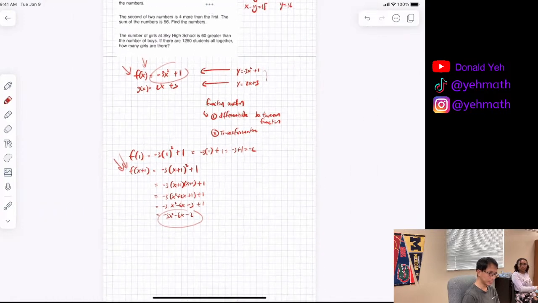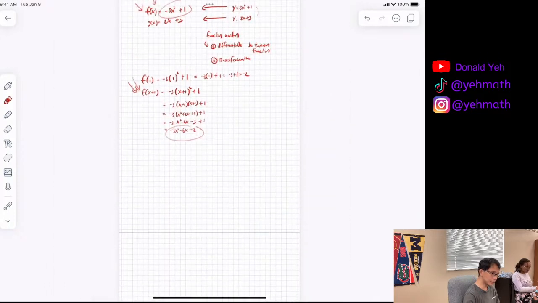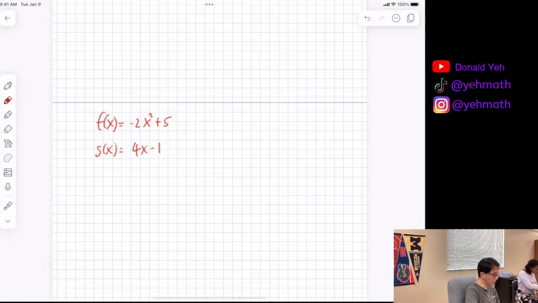So I'll give you a new question. I'll say, f of x is equal to -2x squared plus 5, and g of x is equal to 4x minus 1. Can you tell me what f of 2 is?